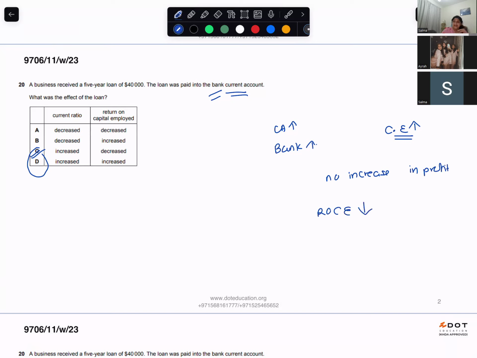I increase my capital employed, but immediately I'm not going to get any return. In fact, I will be paying the loan also. So the return on capital employed will decrease. So it is option C. Can I go to the next one, please?